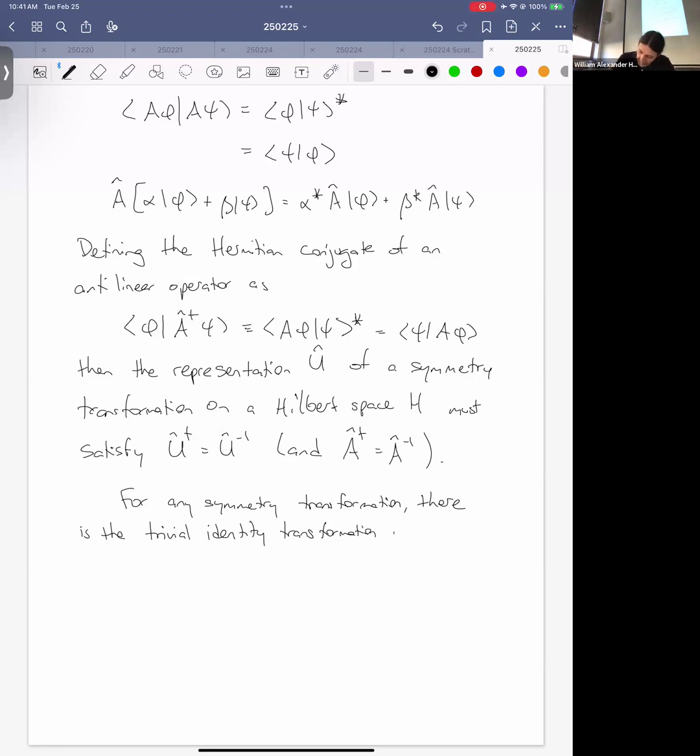In which the observer O prime is O. In this case, U is just the identity, which is unitary and linear.